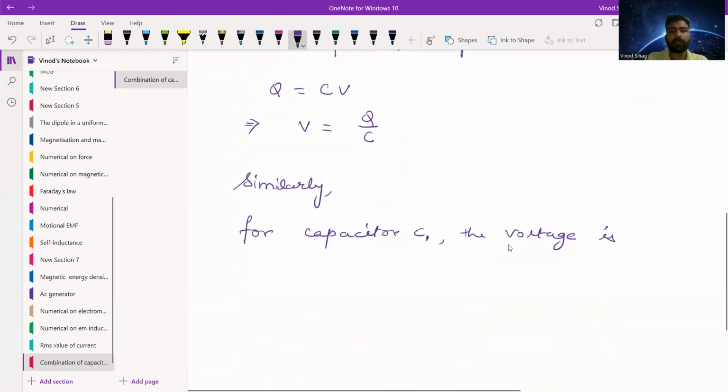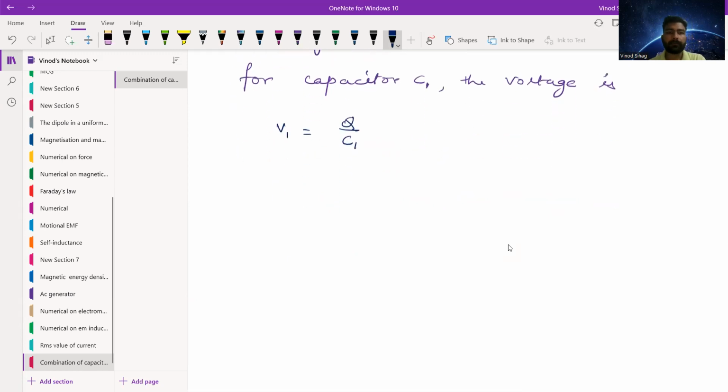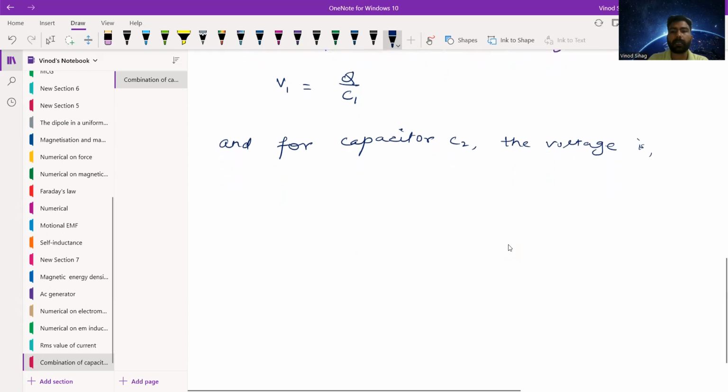So the equation will be formed as V1 equals Q upon C1. Okay. And for capacitor C2, what will be the voltage along the capacitor C2? It will be V2 equals Q upon C2.